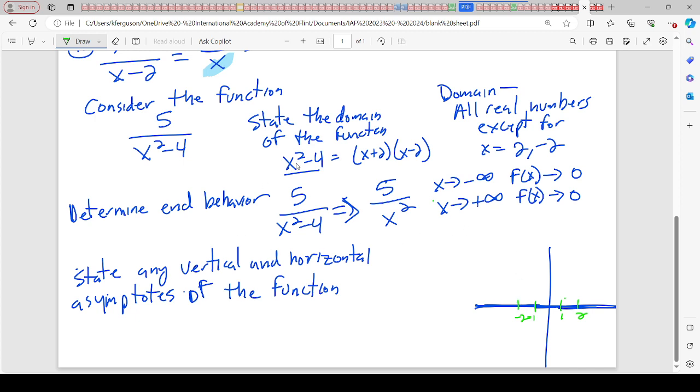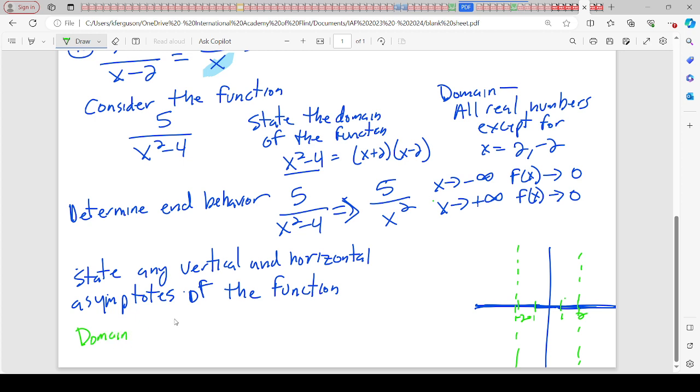So if my domain is all real numbers except for negative 2 and positive 2, those are my vertical asymptote lines. So my graph cannot cross those lines. I can have my graph do whatever over here, but it can't touch those lines. In between these two lines, I can do whatever I'm going to do, but it can't touch those lines. And then over here after it, whatever I want to do, but it can't touch that line. So that's the vertical asymptote.